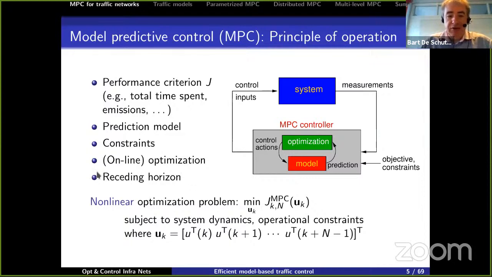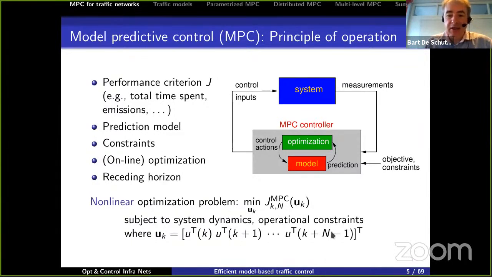And we consider receding horizons. So we are actually going to look n steps ahead. So we assume here that we have a discretized control setting. So we have that, for example, at every minute, we will consider the state of the system and also how the dynamics of the system evolve. And we look n minutes into the future.